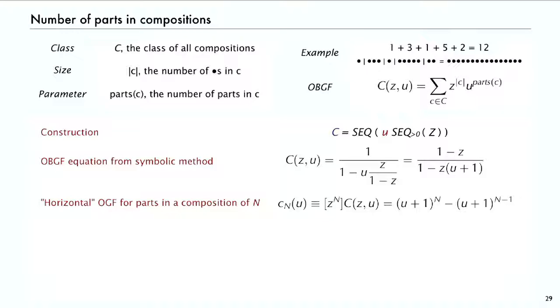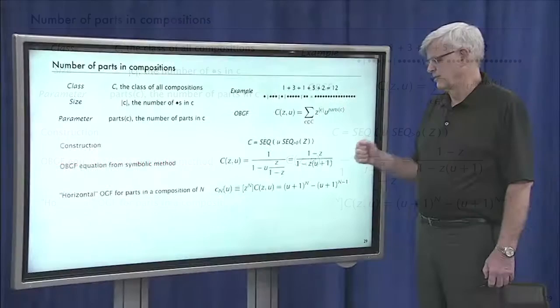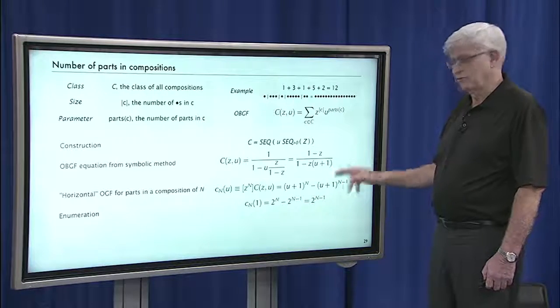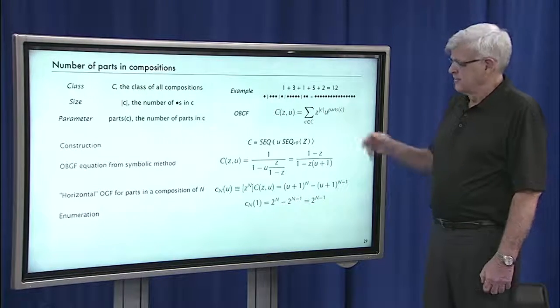To compute the horizontal ordinary generating function, we take the coefficient of z to the n in that, and that's very similar to our calculation for binomial coefficients. It's just u plus 1 to the n minus u plus 1 to the n minus 1. So the number of compositions of n is just evaluate that at 1, which is 2 to the n minus 1.